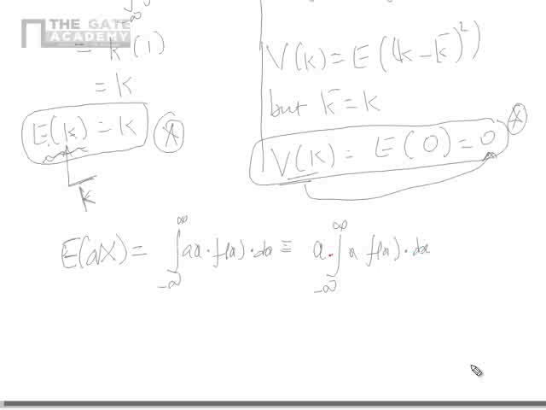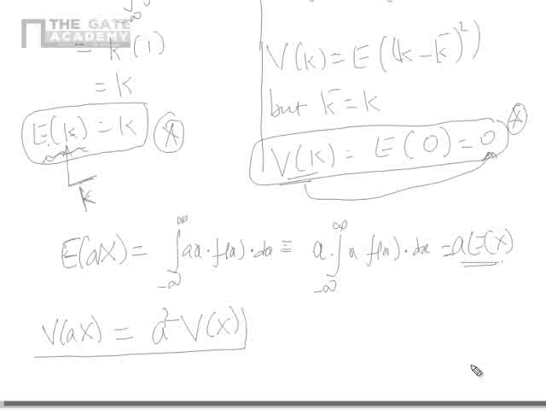This is nothing but A into E of x. Clear? Now, E of Ax is nothing but A E of x. What will be the variance of Ax? Just now we saw that, right? This is nothing but A square V of x.